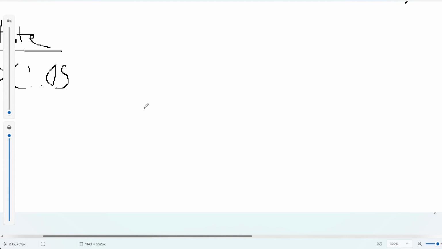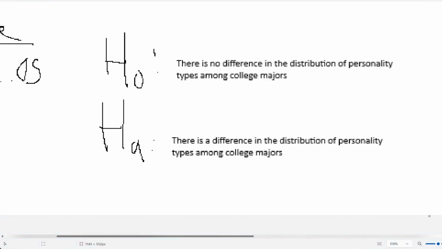What we do need is our null hypothesis and our alternative. Our null hypothesis states that there is no difference in the distribution of personality types among college majors, and our alternative hypothesis states there is a difference in the distribution of personality types among college majors. So, basically the same thing, but instead of there not being one, there is one.